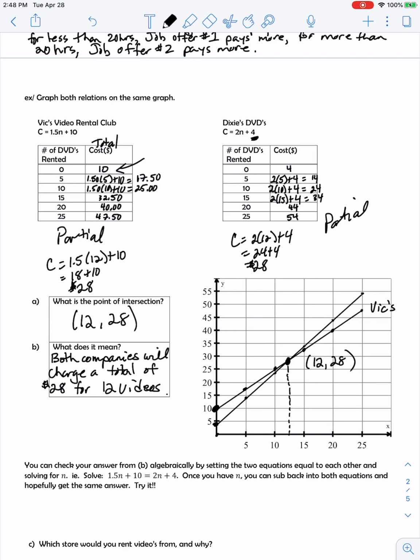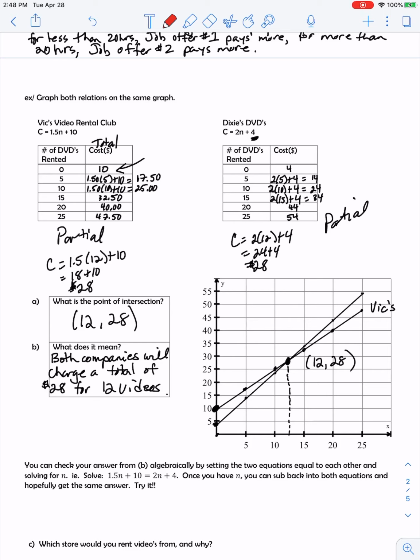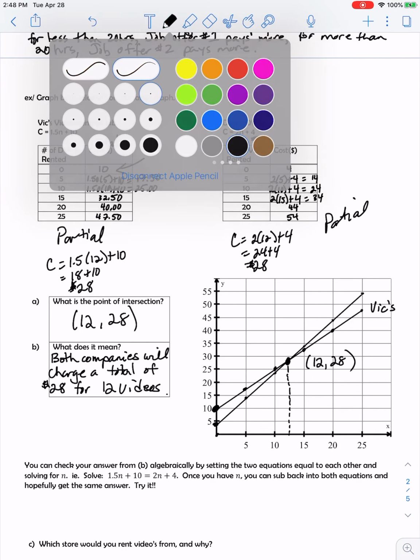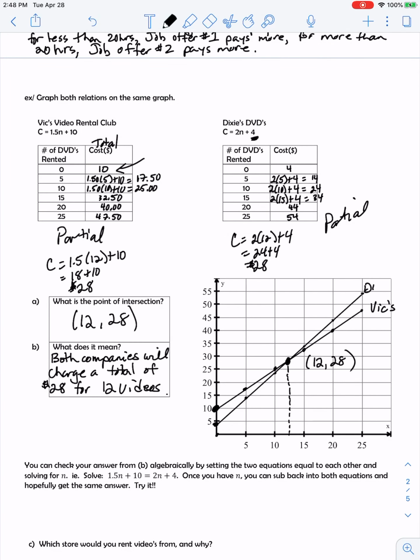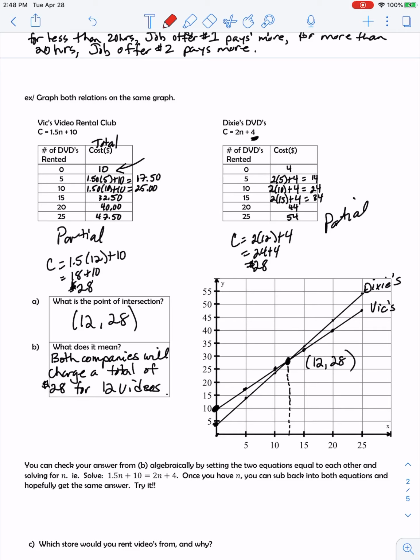So if you were going to rent more than 12 videos, you want the cheaper of the two companies. Oops, I better write down here that this one up here is Dixie's. So if you are going to rent more than 12 videos, the cheaper of the two is Vic's.